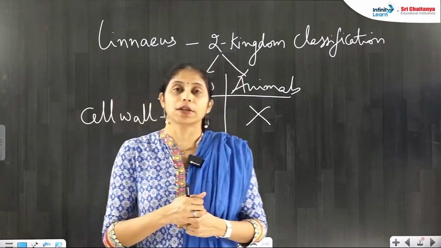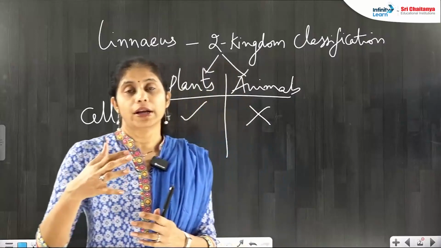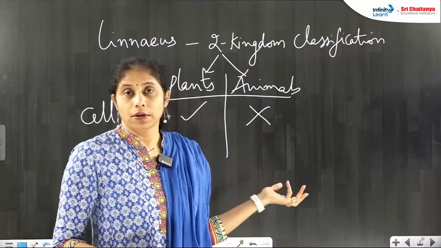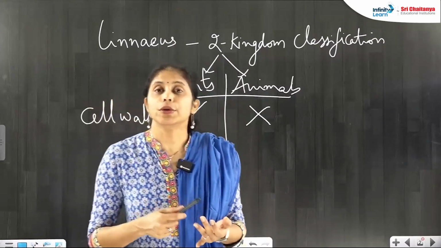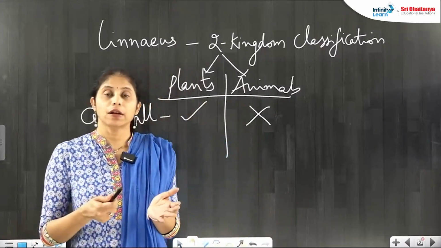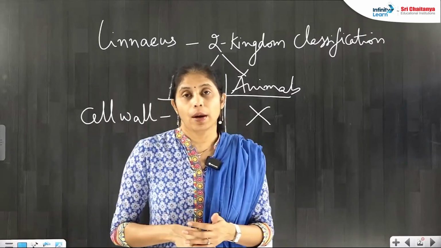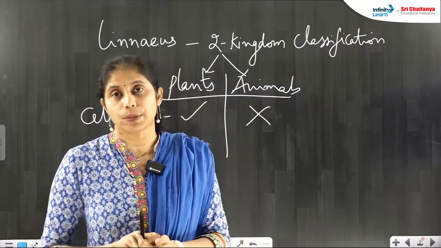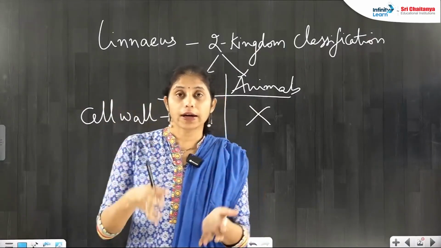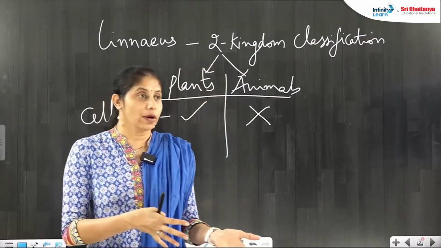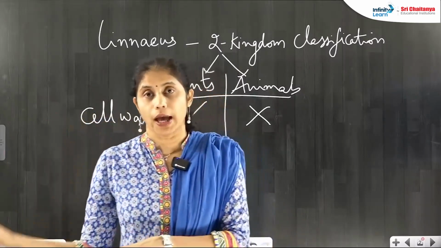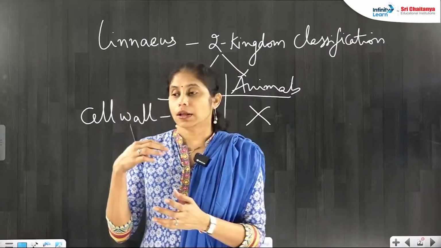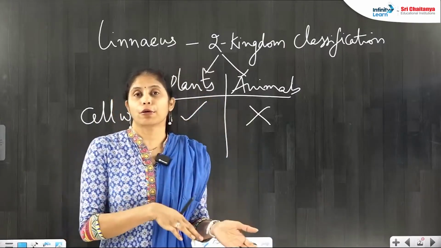But the problem comes here: whether the cell wall material is the same in all if it is present, or different; whether the organism is unicellular, made up of only one cell, or multicellular, made up of many cells; whether the organism is a prokaryote with a primitive nucleus or a eukaryote with a true defined nucleus. Then there are the problems with autotrophism and heterotrophism.